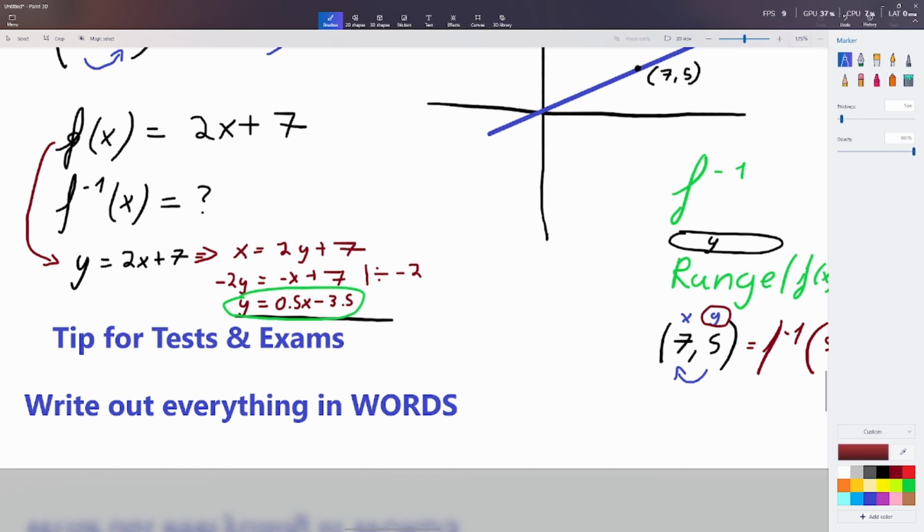However, my number one tip for everyone during tests and exams would just be to write out everything in words, to actually understand the real life context, because you sometimes make mistakes when you just write out numbers and you don't realize that there is some tweak in the context given. Then I always suggest to write out everything in words, then you actually understand the real life context behind everything. And that's it for today, and thank you.